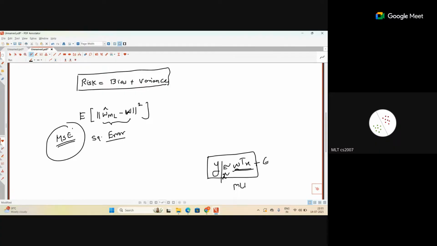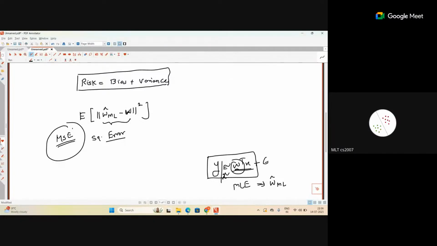In that case you find W hat ML, which is not the actual W, but maybe closer to it. That is our estimation for the true W. Is that fine?